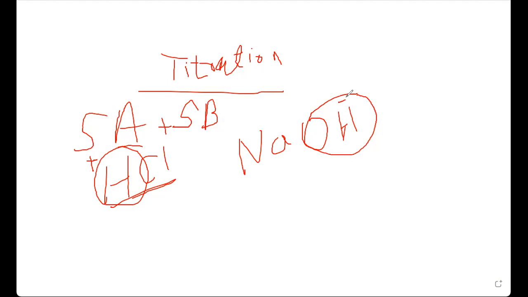So when you are reacting a stronger acid and a stronger base together, both are completely dissociating into ions, giving you H positive ion and OH negative ion. All the H positive ion from the acid and all the OH negative ion from the base together will give you water.